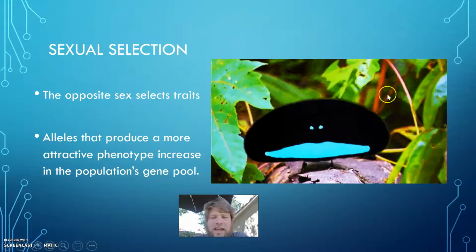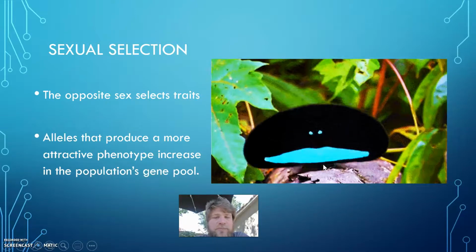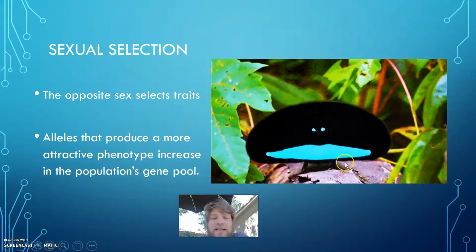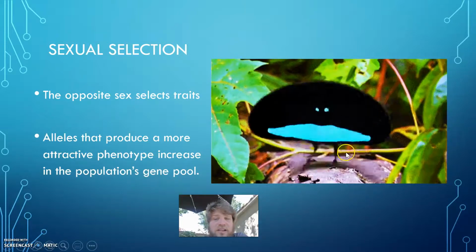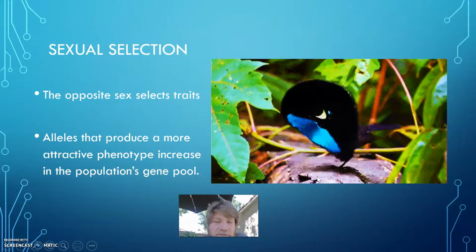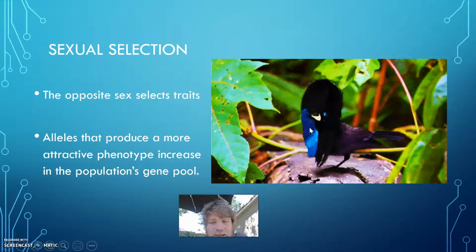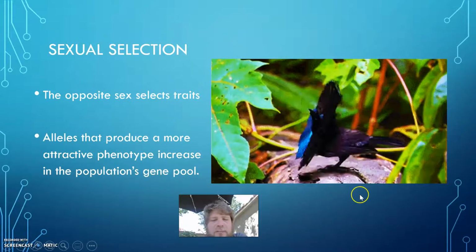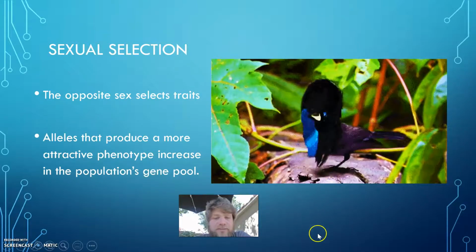It will not help it catch any food. It won't help it camouflage. It won't help it fly away from predators. But it's going to catch the eye of a female. That dance and those colors look really attractive. So because it can attract a female, it can have more babies than a less colorful, less charismatic male. And it'll produce more babies and also pass down the alleles that were attractive.